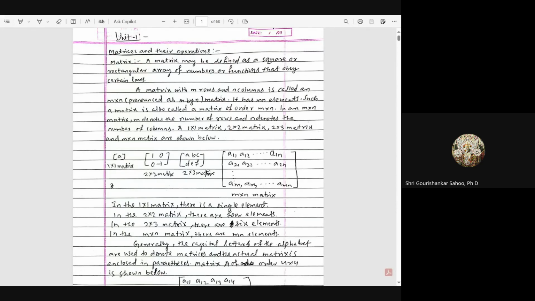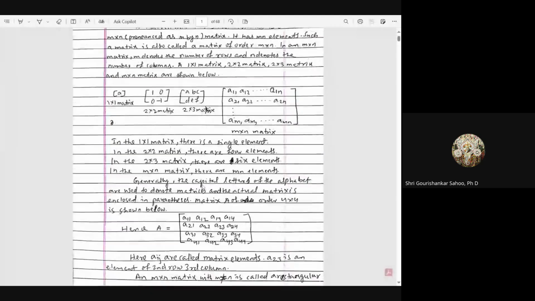So this you know. So the capital letters of the alphabet are used to denote matrix, and the actual matrix is enclosed in parentheses. So you can see a matrix can be represented as capital A, capital B, capital C, capital X, capital Y, capital Z, so on and so forth.